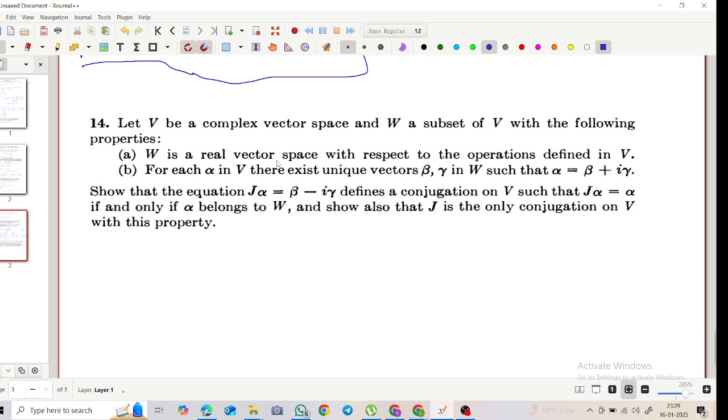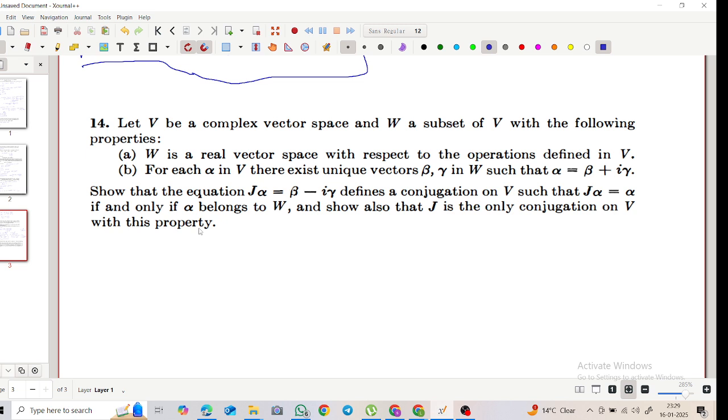So how do we approach this problem? V is a vector space and W is a subset of V with the following property: W is a real vector space with respect to the operations defined on V. For each alpha in V, there exist unique vectors beta and gamma in W such that alpha is beta plus I gamma.